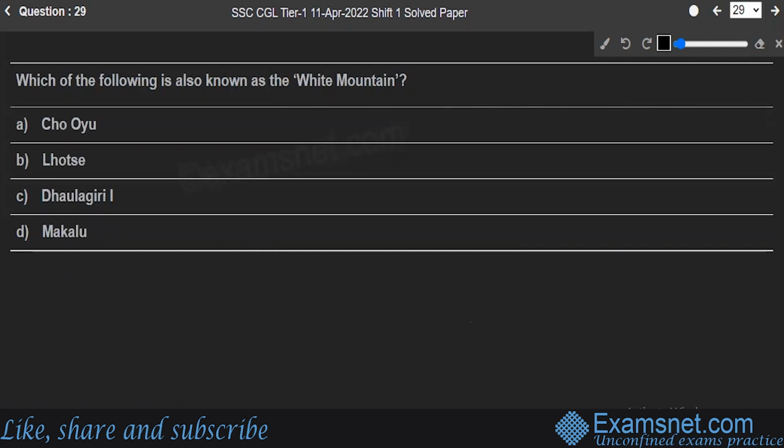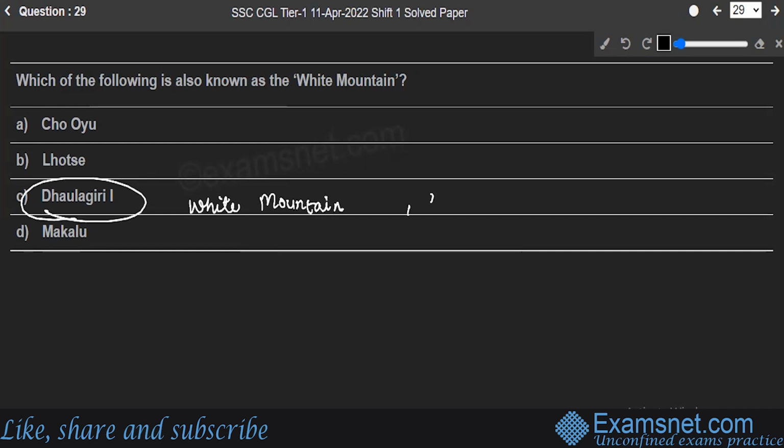Which of the following is also known as White Mountain? Is it Cho Oyu, Lhotse, Dhaulagiri 1 or Makalu? The correct answer for this question is option C, Dhaulagiri 1. It is also known as White Mountain.